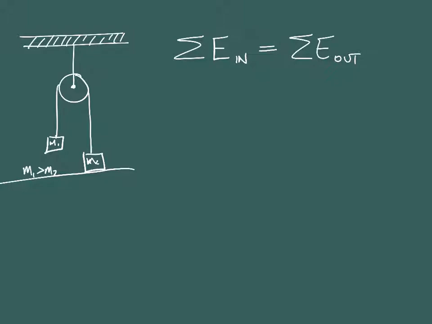So initially, there's only one potential energy in the system. And that's the potential energy of the mass that's above ground. The mass on ground has no potential energy. All right? This just simplifies our math a little bit, and it matches what's in your handout. So what I have is the work that gravity will do on mass 1.